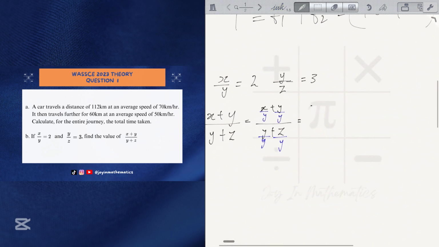This will give us X over Y plus Y over Y. Y over Y is 1. Y over Y here is also equal to 1. However, Z over Y, what is Z over Y?